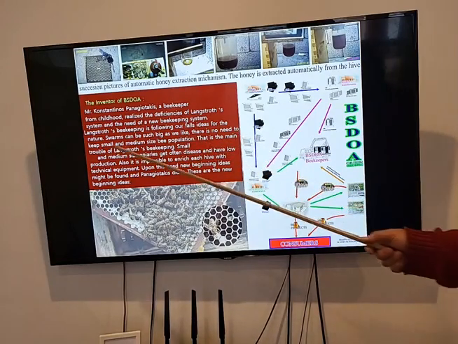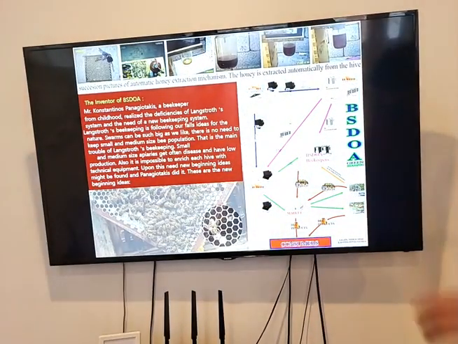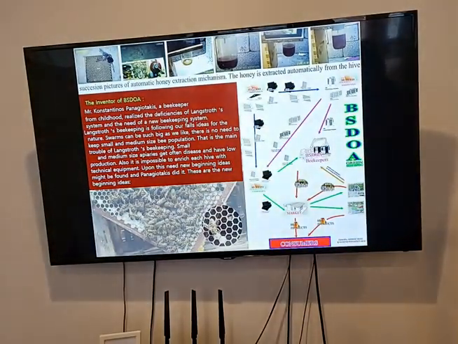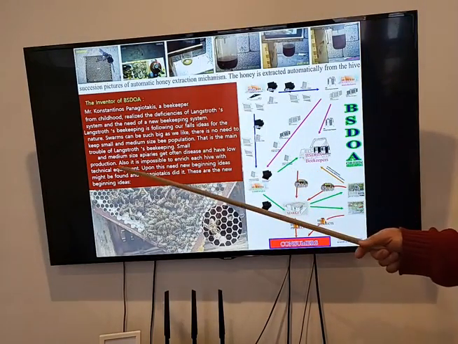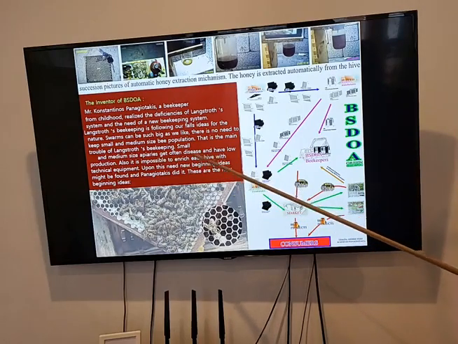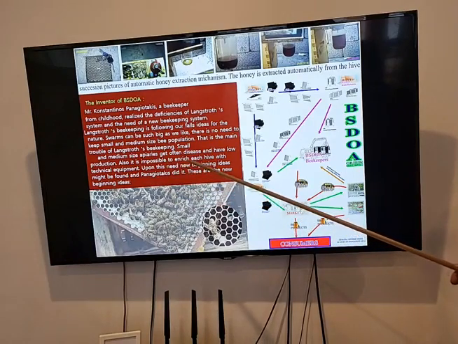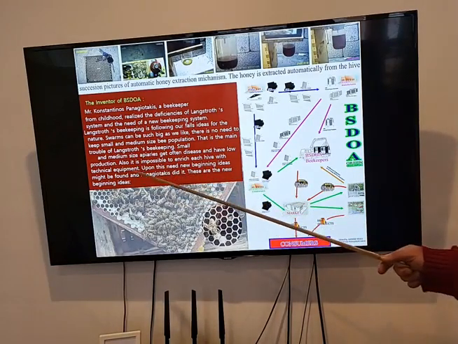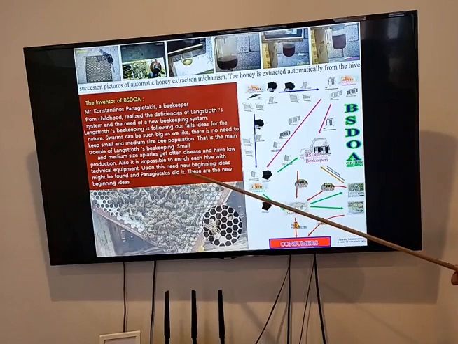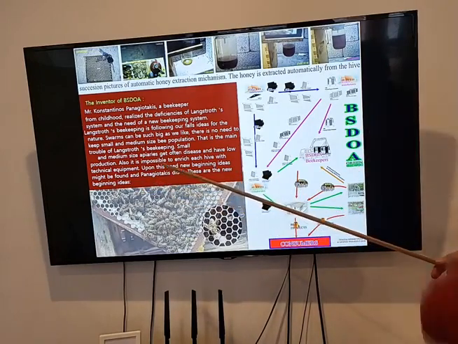This is the main trouble of Langstroth's beekeeping. If you are a beekeeper, you understand what I'm saying. If you're not a beekeeper, you can make fun. Small and medium-sized apiaries often get disease and have low production. Also, it is impossible to enrich each hive with technical equipment. Upon this need, new beekeeping ideas might be found, and Panagiotakis, me, did it.